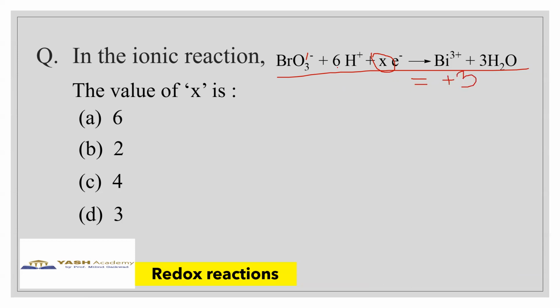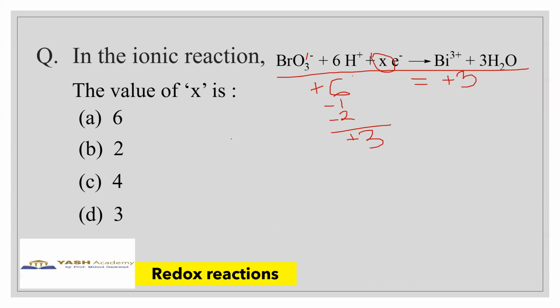And here how much is it, 6H+, that means 6 + 6 is done, correct. And this one, and if we take -1 here, then how much more, you have to write the coefficient 1, 2, 3 in place of x so as to balance the charge on the reactant and product side. The 2 minus. So -3 subtracted from +6, you will get the value +3.